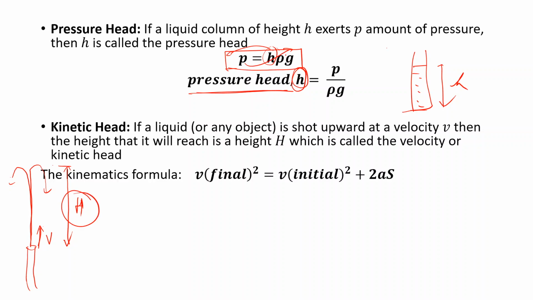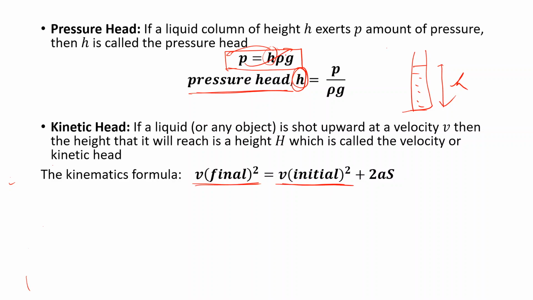If you remember the old equations of kinematics that you learned in physics, v final squared is equal to v initial squared plus twice as, or maybe you remember this as v square is equal to u square plus twice as, where v is final velocity and u is initial velocity.